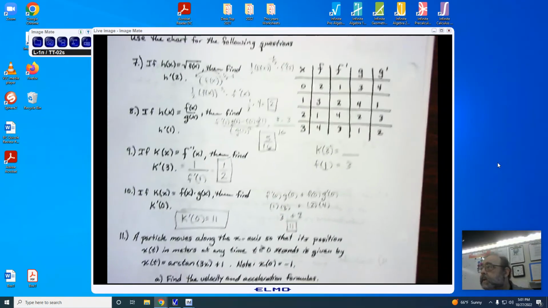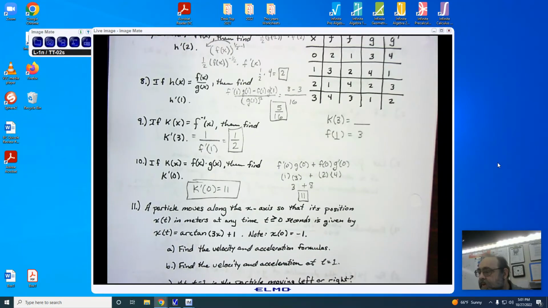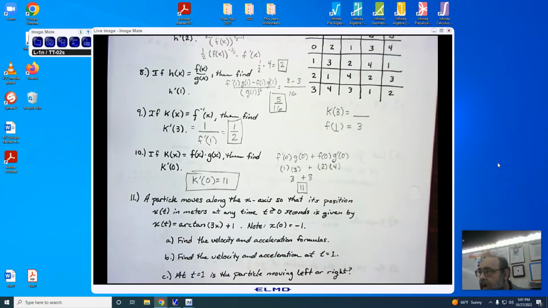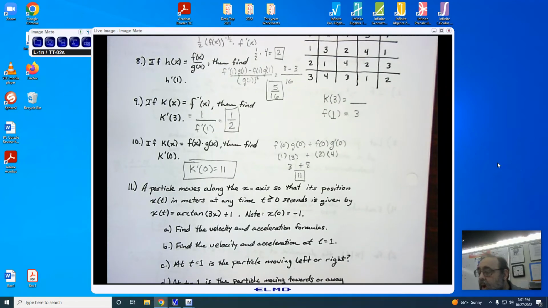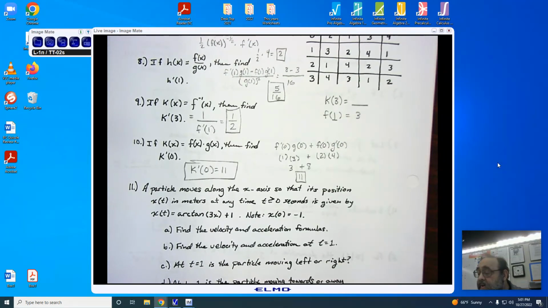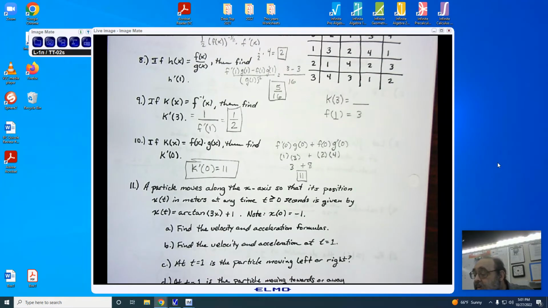This brings us to the second part and our last question. A particle moves along the x-axis so that its position x of t in meters at any time t greater than 0 seconds is given by x of t equals the arctangent of 3x plus 1.